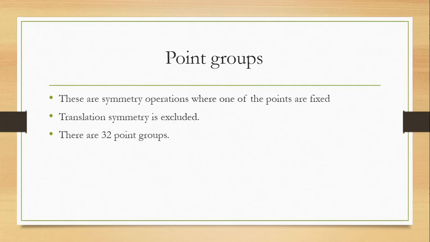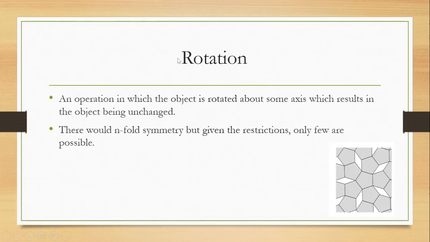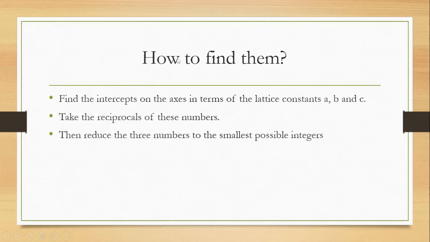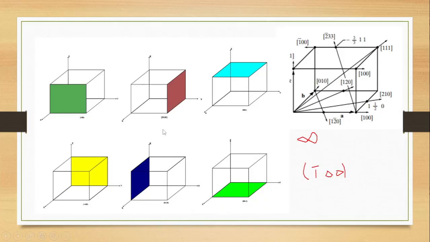The numeric nomenclature. Oh, that's in the Miller indices. Okay, let me go back to the Miller indices situation. No problem.